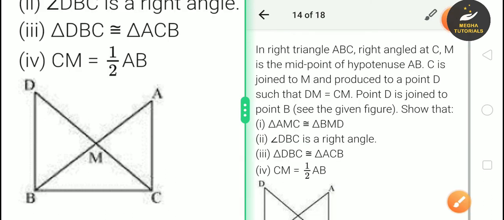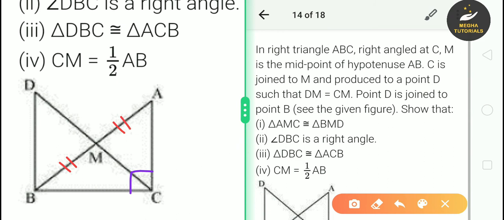So first please see the diagram, then write the given and to prove part. So it is given that triangle ABC is right angle at C. M is the midpoint of hypotenuse AB. It means AM and BM are equal. Also it is given that DM is equal to CM.